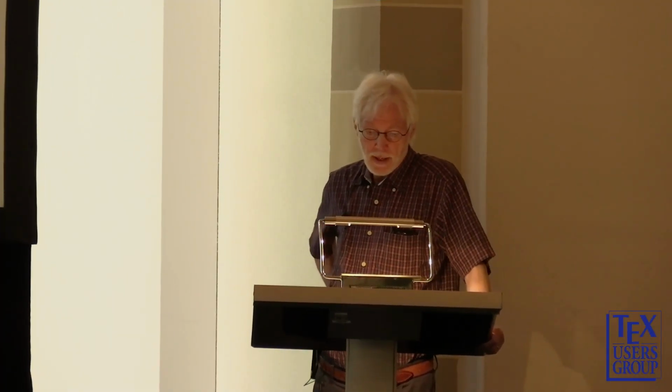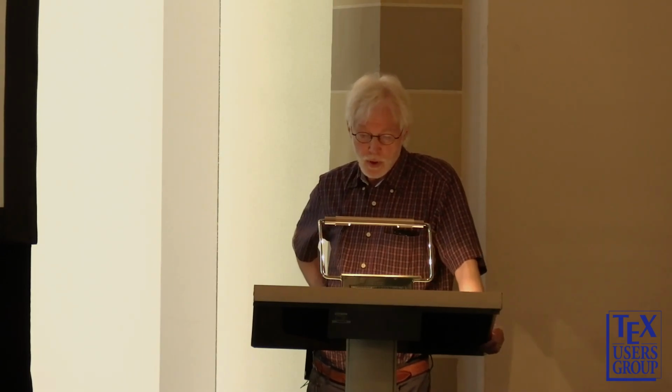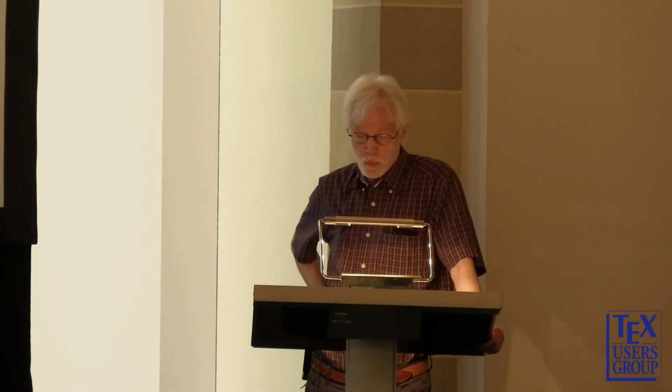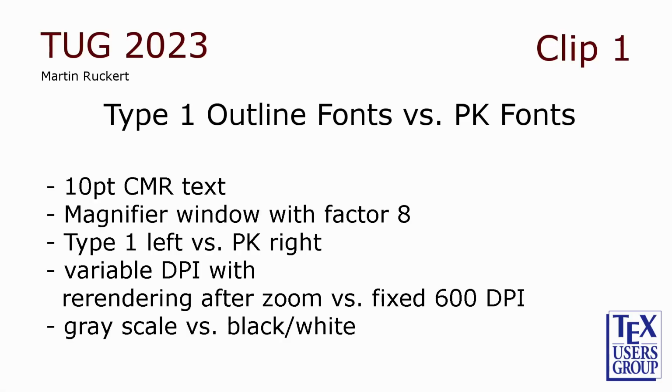Okay. We will look at a demo that shows a 10-point Computer Modern Roman font on a 141 dot per inch screen, and there is also a magnifier window to the right that shows a cutout 8 times magnified, and we have left the Type 1 font and on the right the PK font. Now let's see.